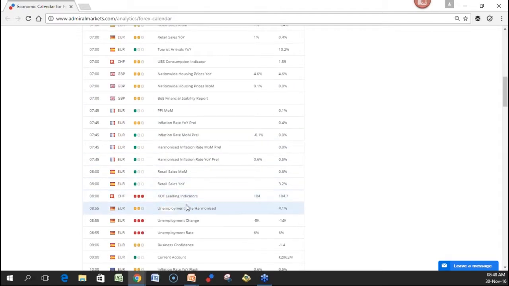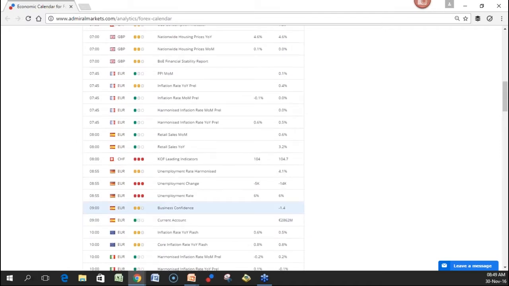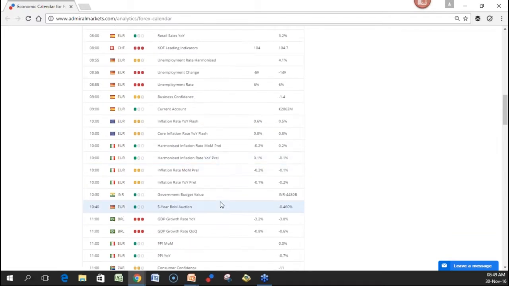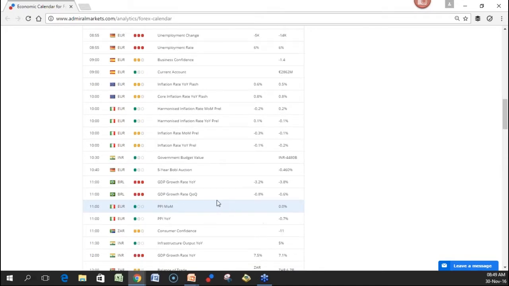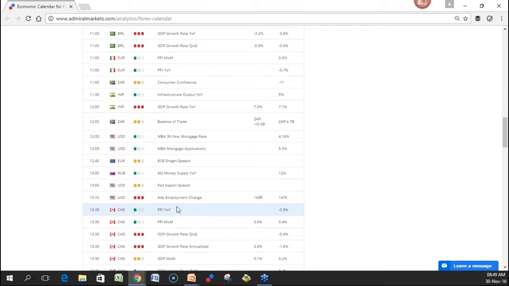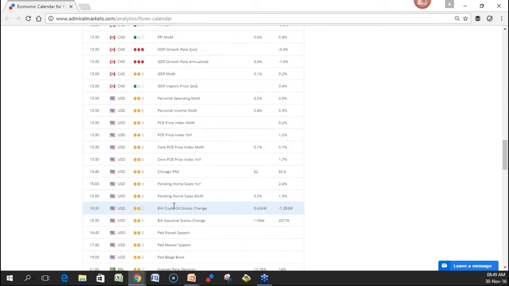One of the more important ones is, for instance, the unemployment rate in Germany, 6% at the moment. Let's see how the German economy is performing. Otherwise, today you do have ADP in the US. And there was one more event I think that was important, CAD GDP.